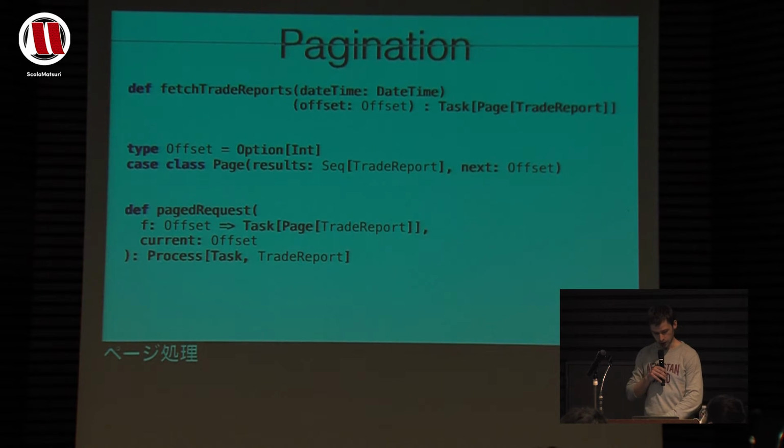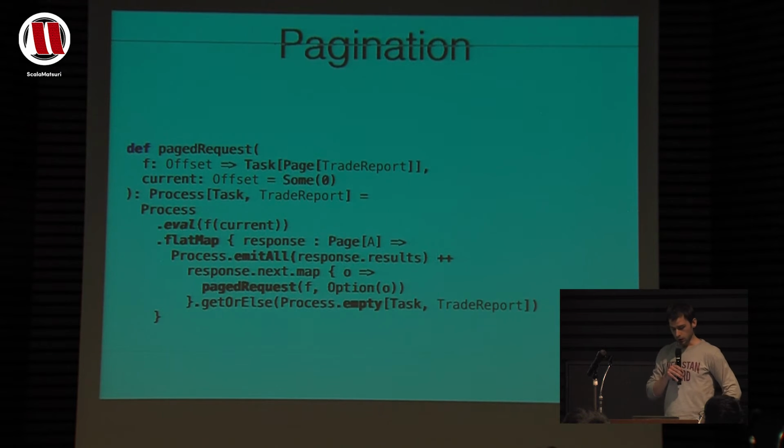So what's the implementation of this actual pagination? Pagination we implement by evaluating this function f, which is an effectful function, with the current offset. So usually you start pagination at the offset 0.